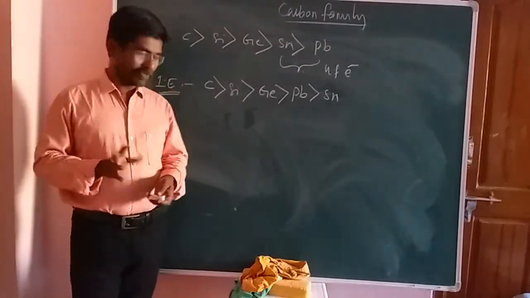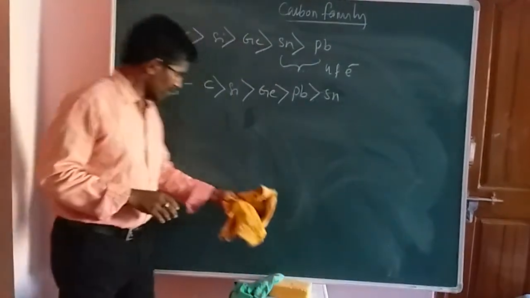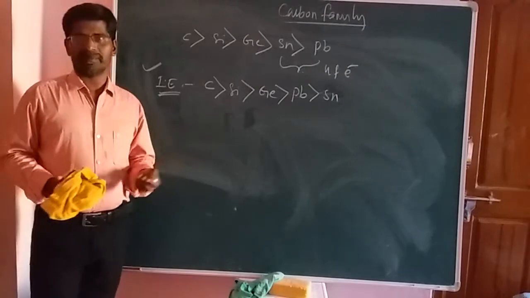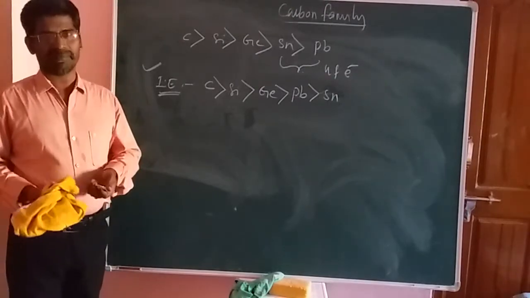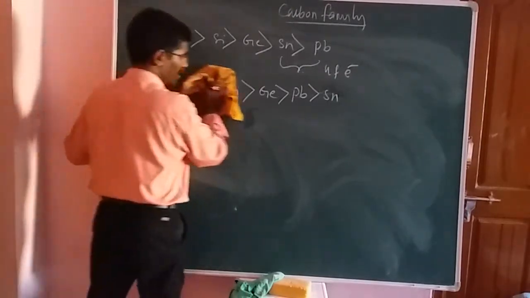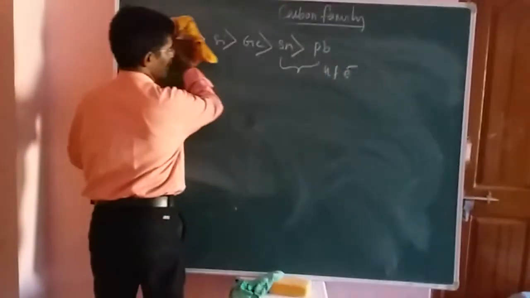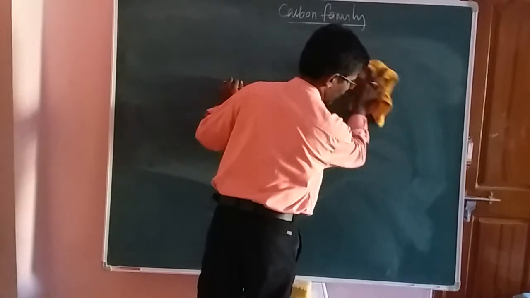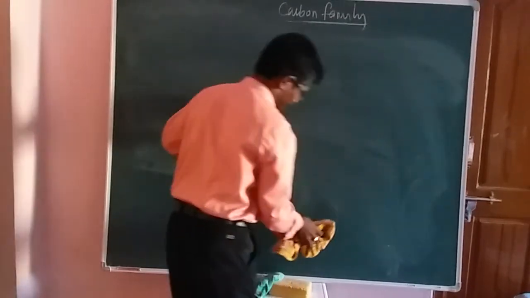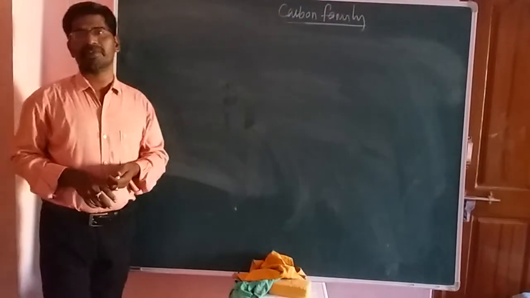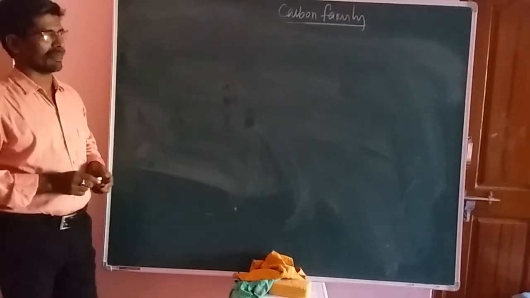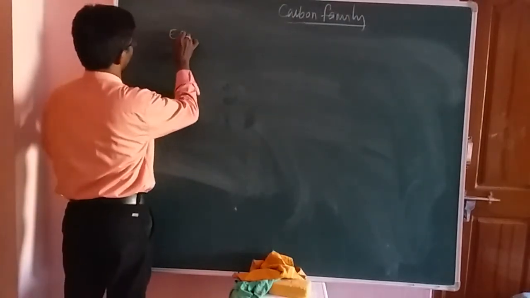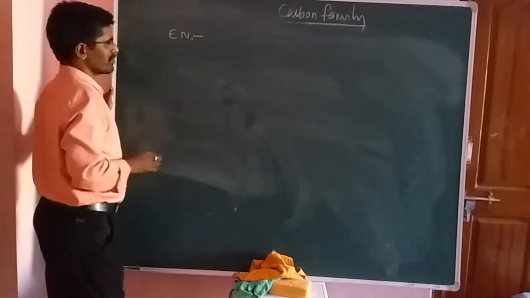Next, students, the next concept we will discuss is the electronegativity character. What is the trend of electronegativity in group 4 elements? How does it change from top to bottom in the group?